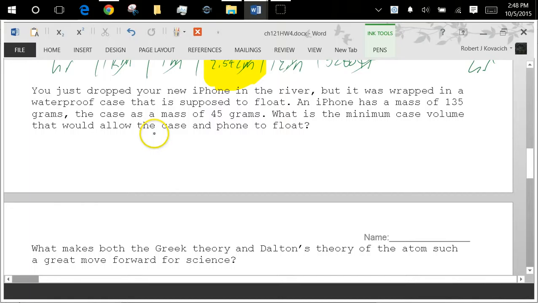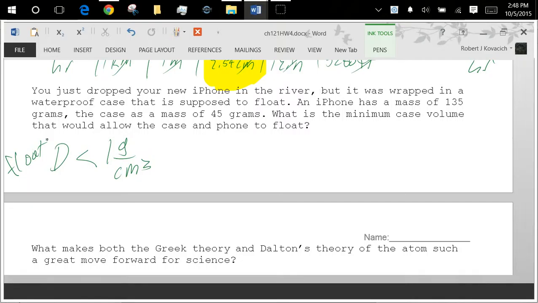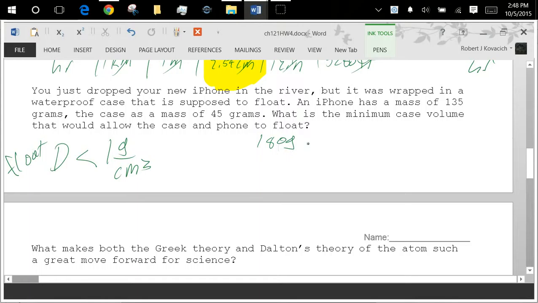Okay, so this one's another thought question. So for something to float, what has to happen? Its density has to be less than 1 gram per centimeter cubed for it to float, because water's density is 1 gram per centimeter cubed. All right, so if this iPhone and the case together have a mass of 180 grams, what goes down in the denominator that would give me a volume that would allow this thing to float?